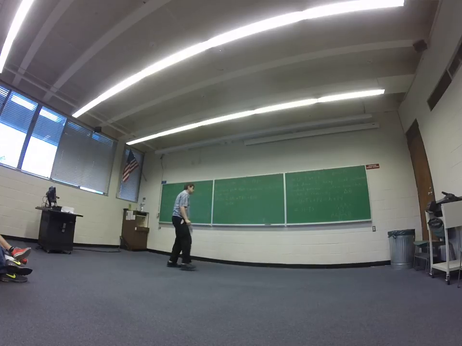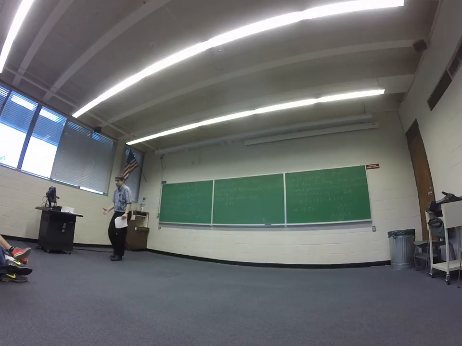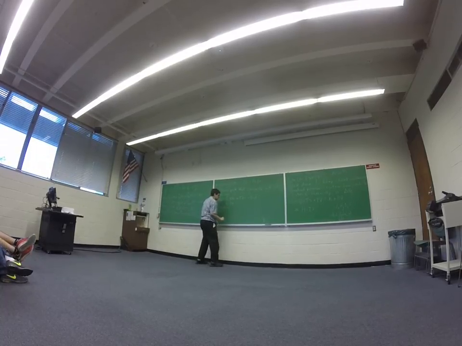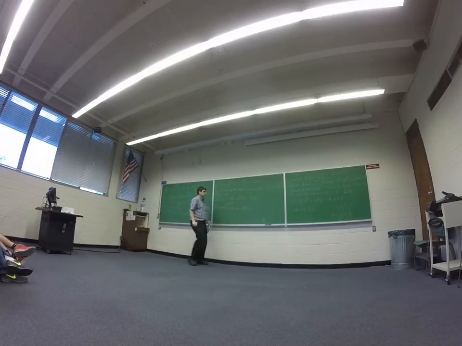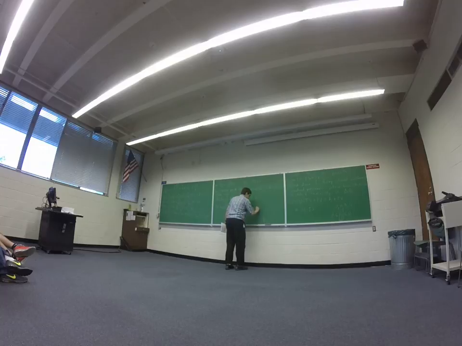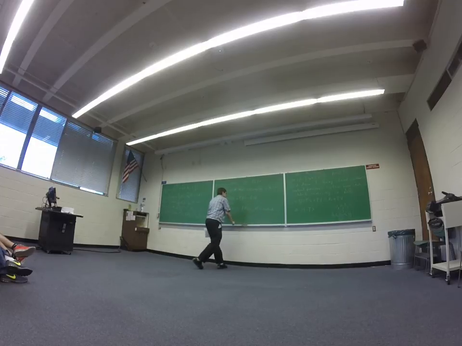And if I have a closed system, I get two things. If the system is closed, dm is 0, and what else happens? dm is 0, m is constant. And therefore, dm equals 0 means this term goes away. M constant means I can divide the whole equation by m.